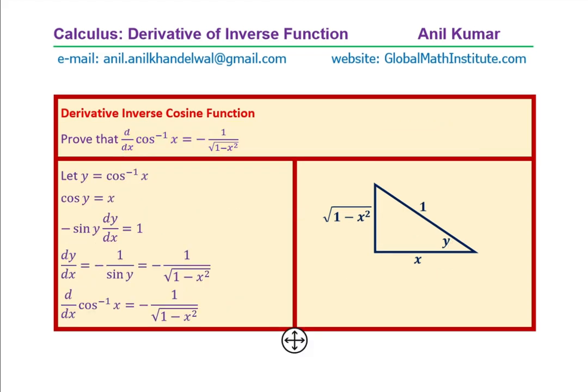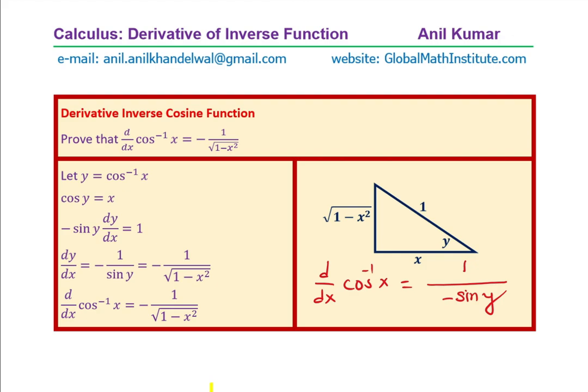Now let's look into the nicely typed out solution. As you can now see, if I want derivative of cos inverse x, it is equal to reciprocal of, what is the derivative of cos x? Minus sine. And since we are talking about inverse function, minus sine y. You get the idea.